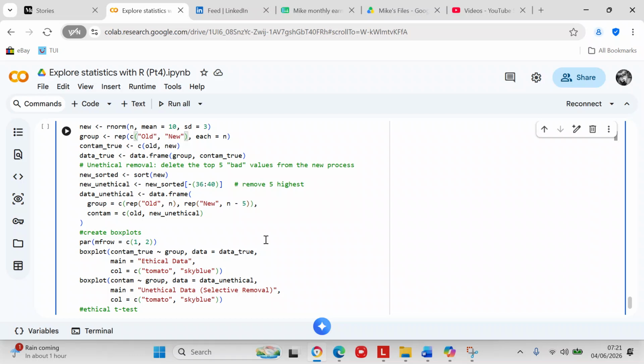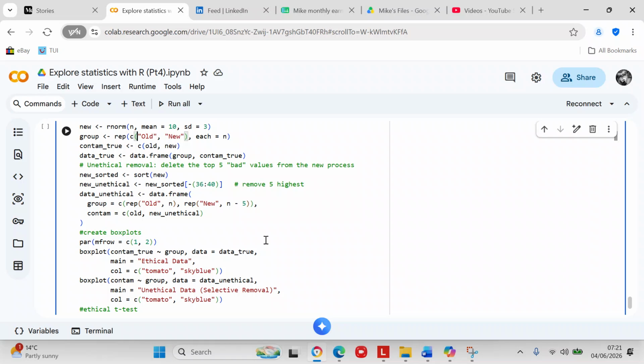Contam is going to be a vector of old and new_unethical. What's interesting here is the fact that you have 40 old and 35 new. So we'll see how that's going to affect the program.